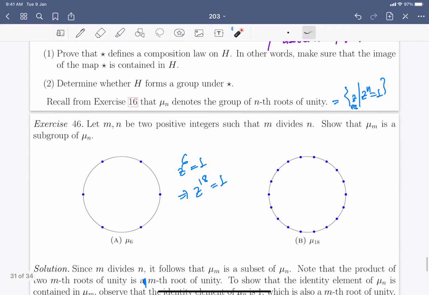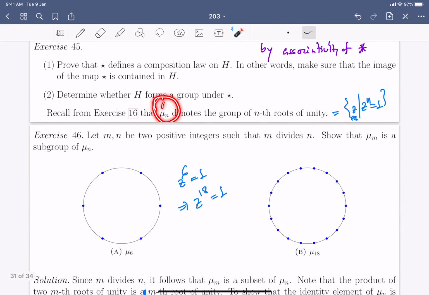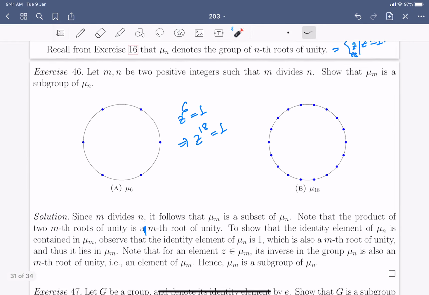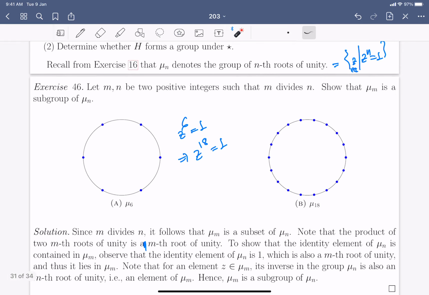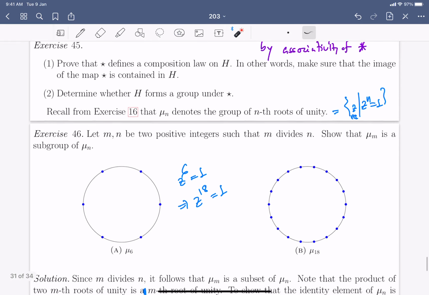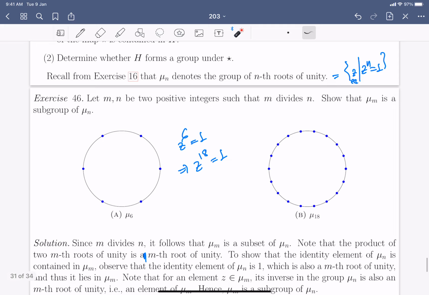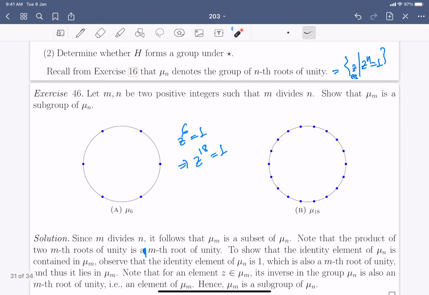As you see, the group mu n is coming over and over again. There are certain exercises, maybe not quite a lot, but a few exercises that I have provided in the lecture notes, or just asked to work on during this recorded lecture. This was one of the exercises, to show that mu n is a group under multiplication, okay?